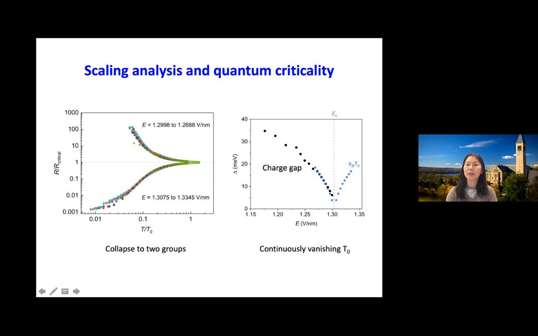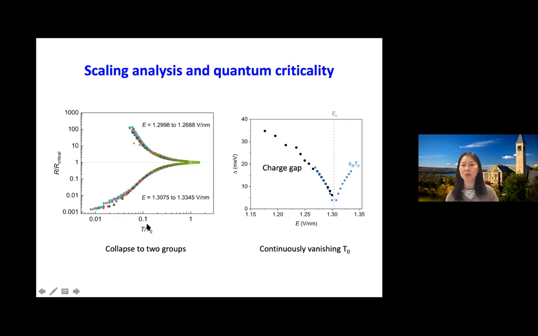We can now try to collapse those two groups of data, the insulating one and the metallic one. The scaling works reasonably well when we look at the ratio of the resistance to the critical resistance, and come up with a T0 parameter to rescale the temperature.